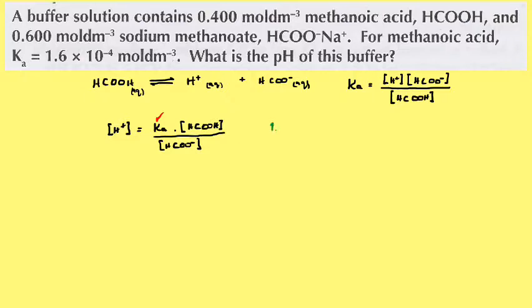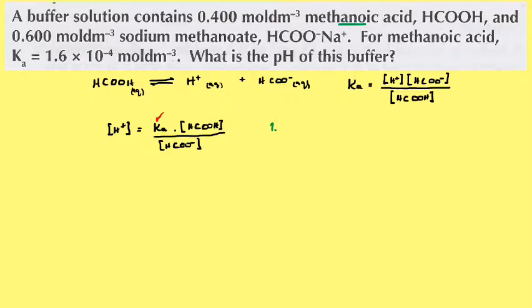Assumption number 1 is about the acid concentration. It's a weak acid, methanoic acid, so the assumption we're going to make is that the concentration at equilibrium is equal to the concentration at the start because it's so weakly dissociated.